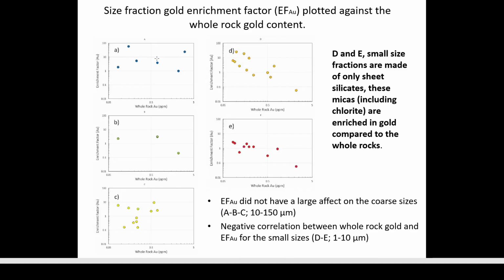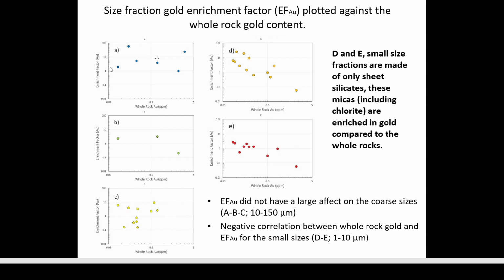So when we plot our gold enrichment factor against whole rock gold, we find that only our D and our E fractions have a correlation, where as we're having more gold, we're having more enrichment, or as we're having more gold, we're having near 1 enrichment.